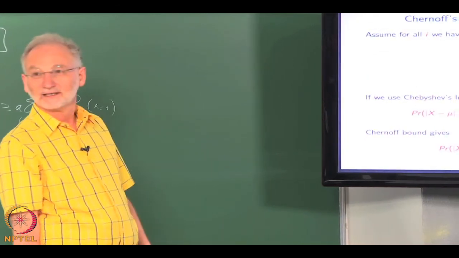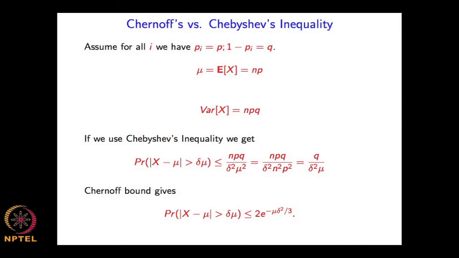Let me finish soon, so let me just formulate a little bit what we said before, because again, this is important. I just want to give you a more precise comparison between the Chernoff and the Chebyshev inequality.